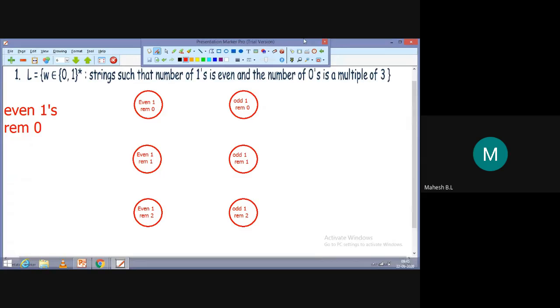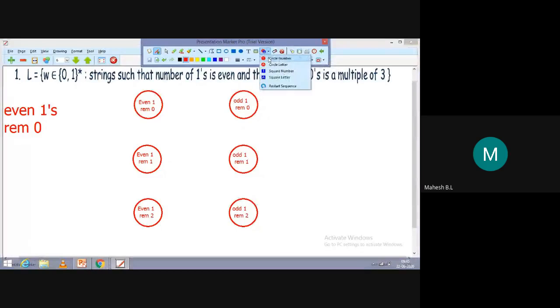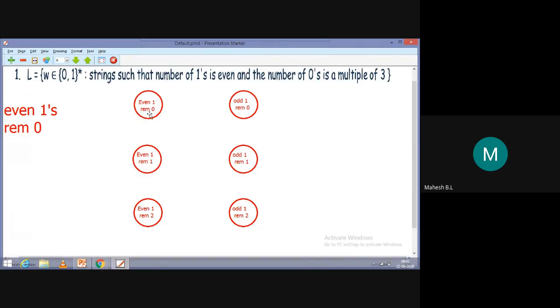Now, let me number these states also. Let me call them 1, 2, 3, 4, 5, and 6.